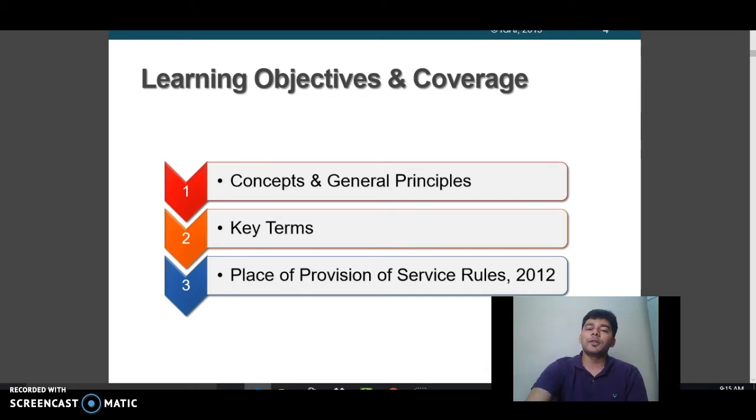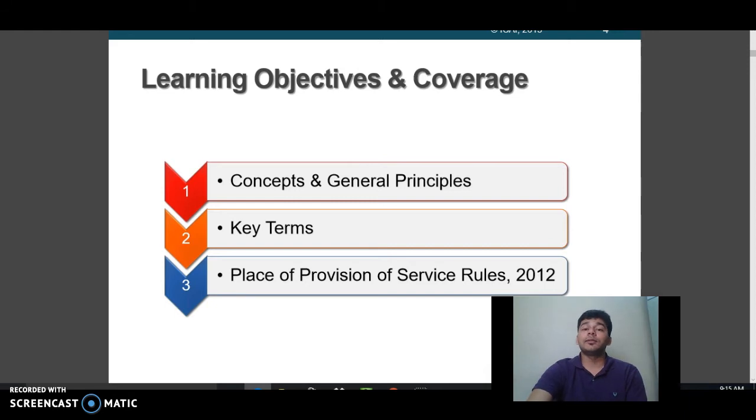In the place of provision of services rules, we will see that there is rule 8, which says that whenever the service is provided by a person belonging to the taxable territory, and the person consuming the service also belongs to the taxable territory, the only thing being that the service is consumed at a place which is not in the taxable territory, then the service will now be taxable under the place of provision of services rules.